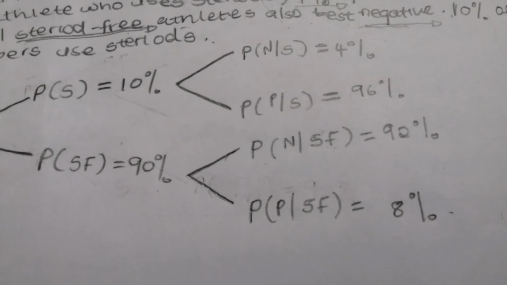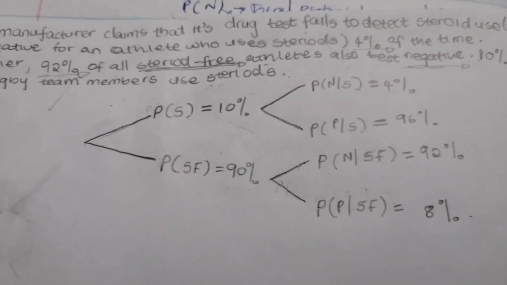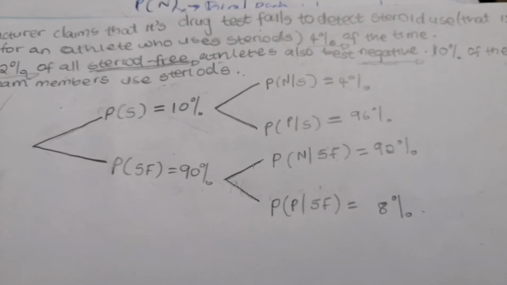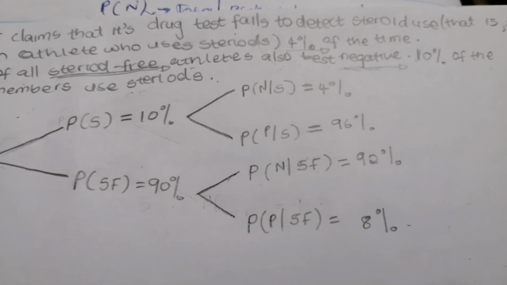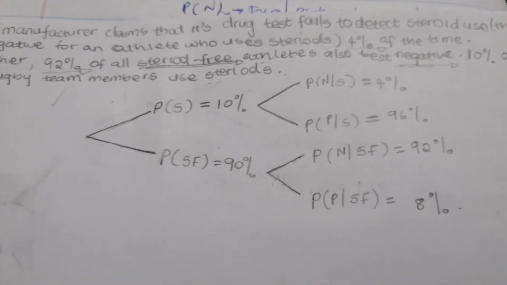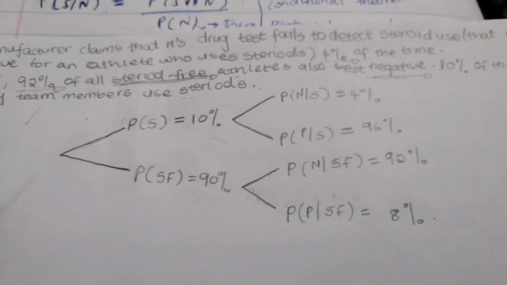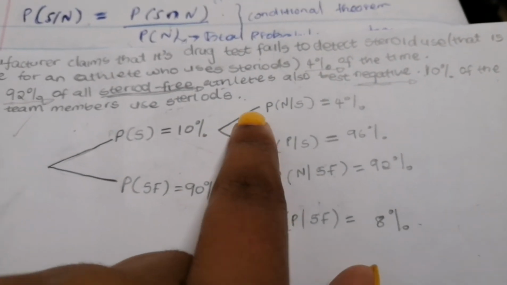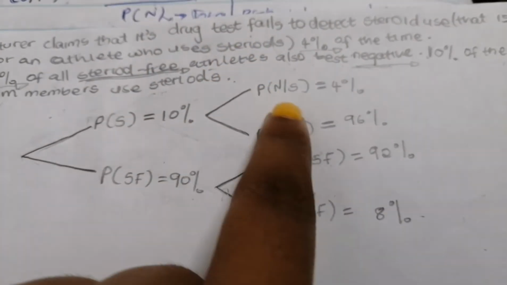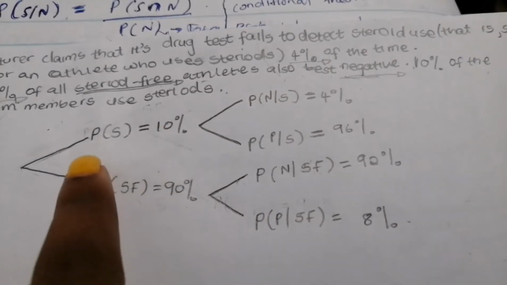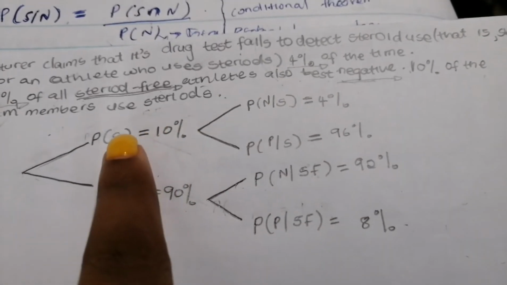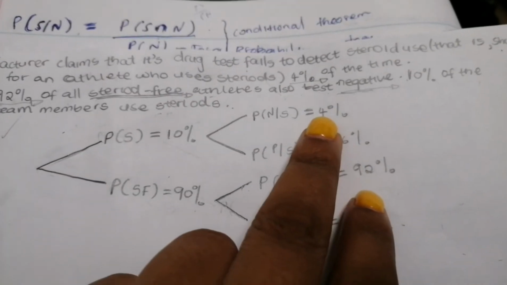Doesn't matter. So they also told us that the drug test fails to detect steroid use. That is, it shows negative for an athlete who uses steroids 4% of the time. So the probability that the test shows negative when an athlete uses steroids is 4%.